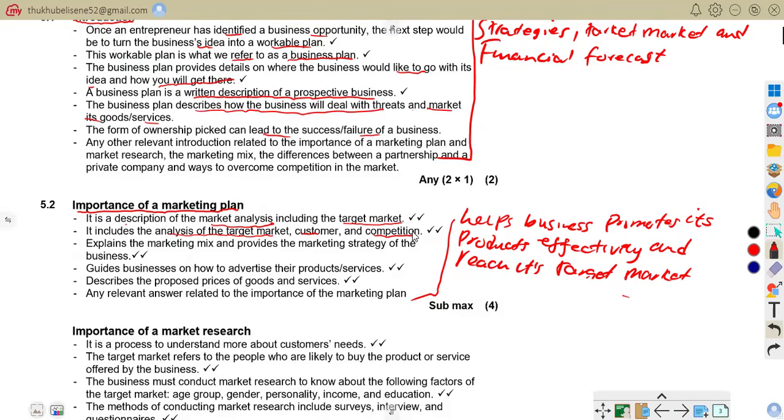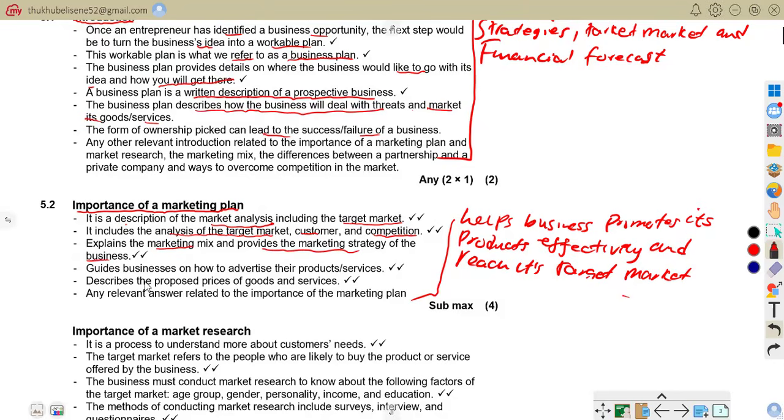So you need to know about your customers. Like we have said, you're going to know their buying preferences and stuff, and the competition. You need to know about your competitors. What products and services are they selling? And also you look at their strong points as well as their weak points. Also, the marketing plan explains the marketing mix and provides the marketing strategies of the business.